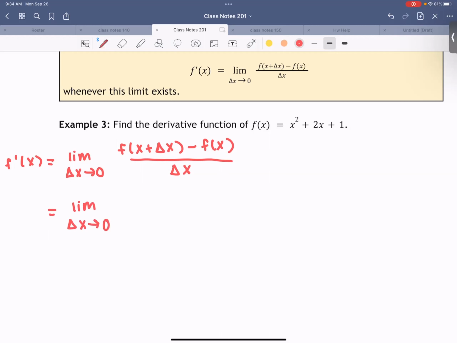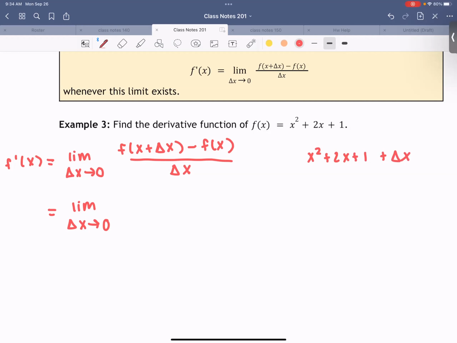What is f of x plus delta x? Michael? Sorry, did somebody raise their hand? No, you're good. Go ahead. Theoretically speaking, wouldn't that just be x squared plus 2x plus 1 plus delta x? Oh, so you're saying it's x squared plus 2x plus 1 plus delta x?